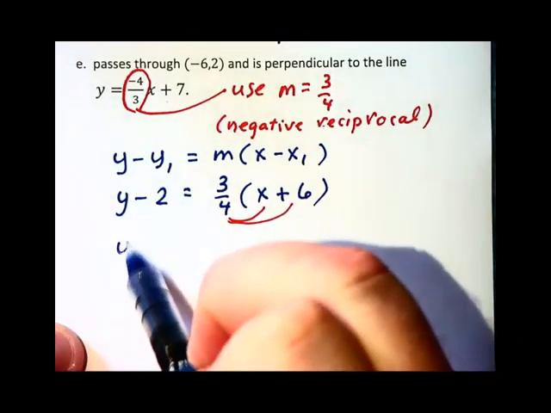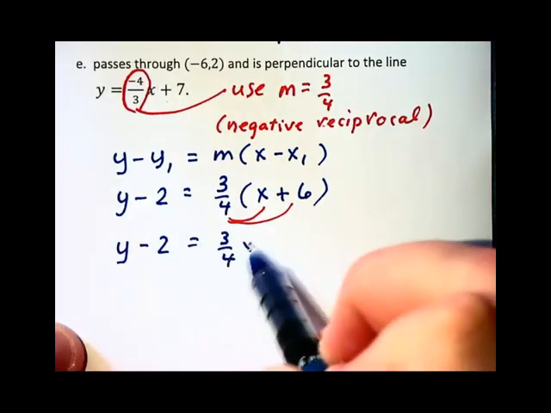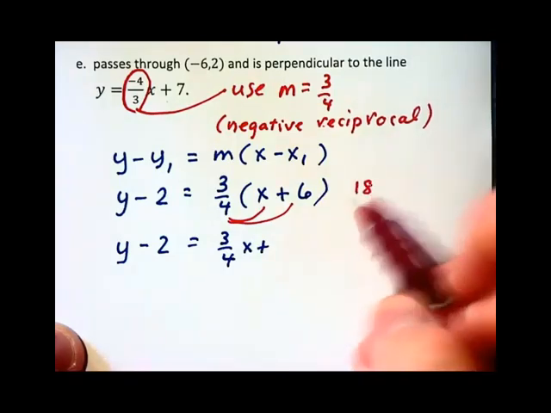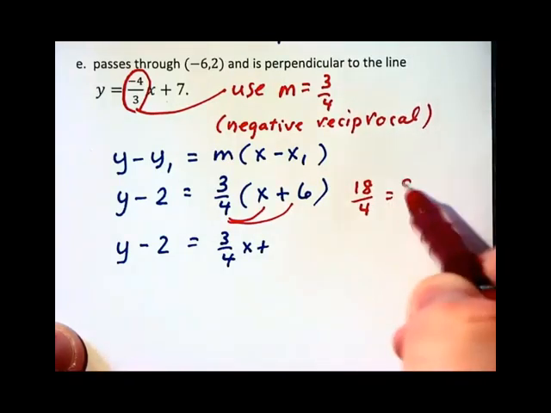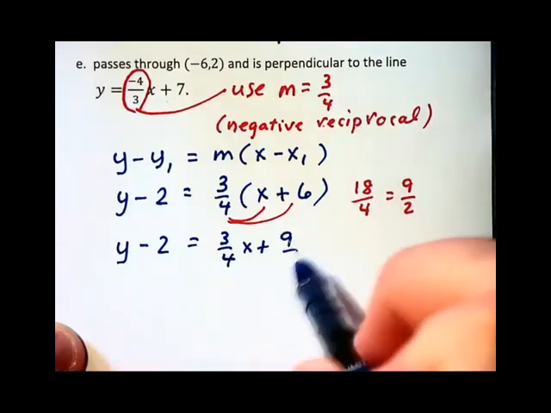That will give us y minus 2 equals 3/4 x plus, and that's going to be 18/4, which will reduce to 9/2, so plus 9/2.